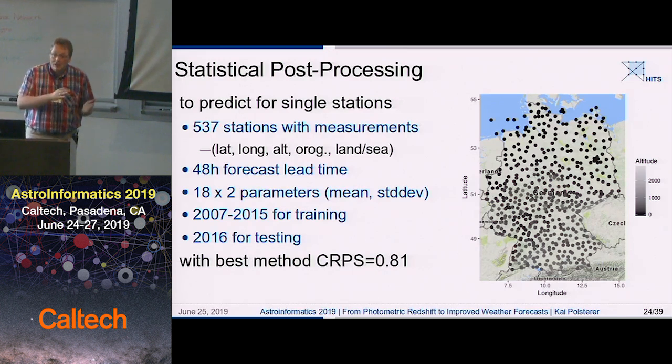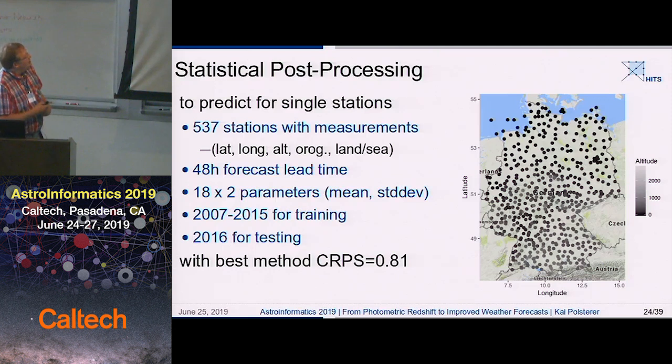And now we want to check how good our predictions are with a lead time of 48 hours, so 2 days in advance, and compare them with actual measurements achieved on that day. And for the stations, we have longitude, latitude, something like orography, land and sea level stuff. And we have data from 2007 until 2015, 9 years of data.